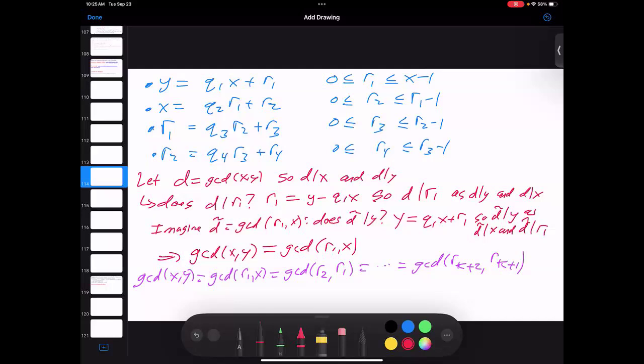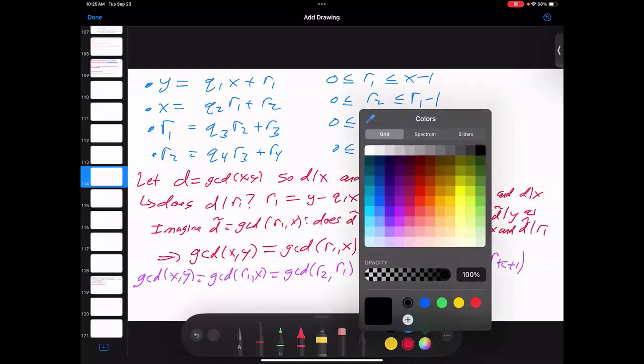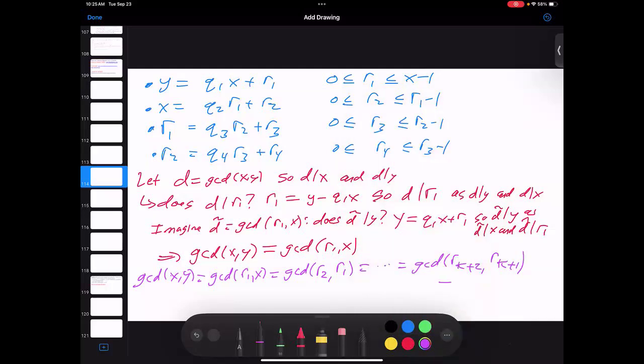So we actually have a way to find the GCD. The problem is this could take a long time.